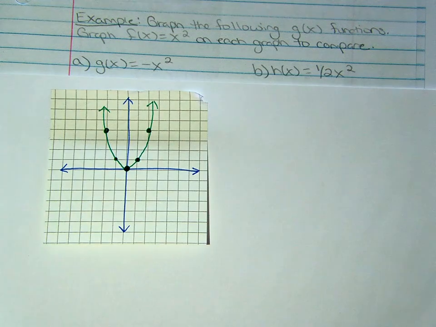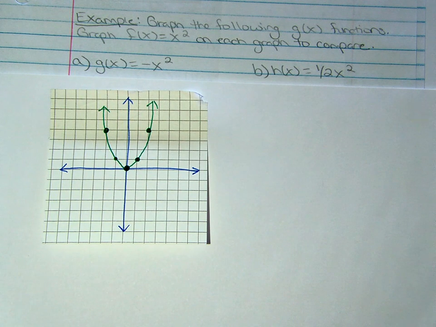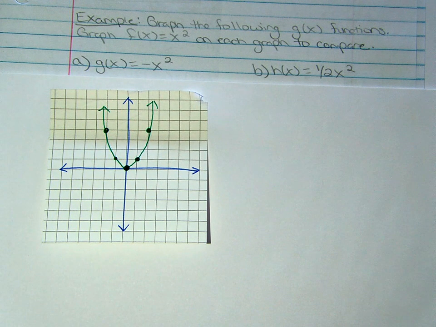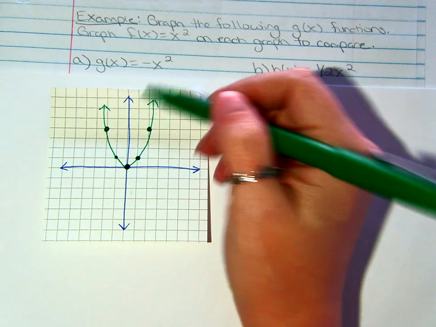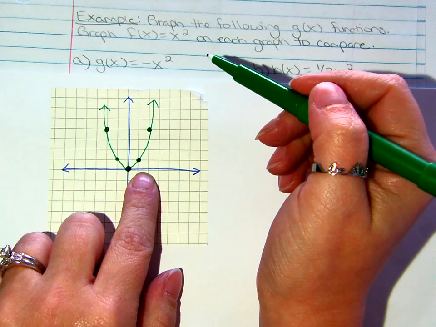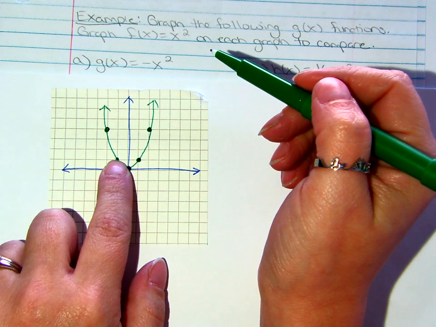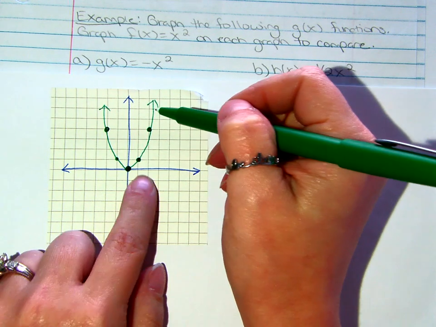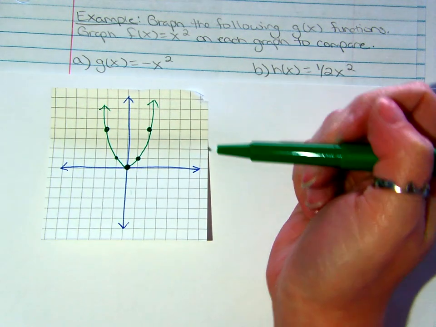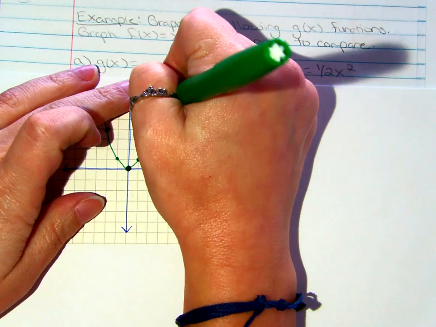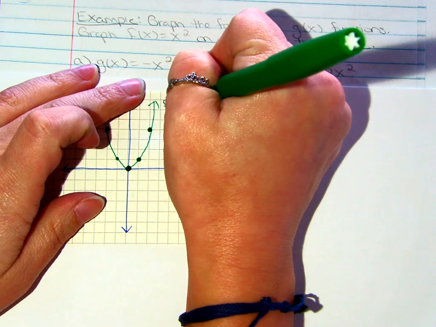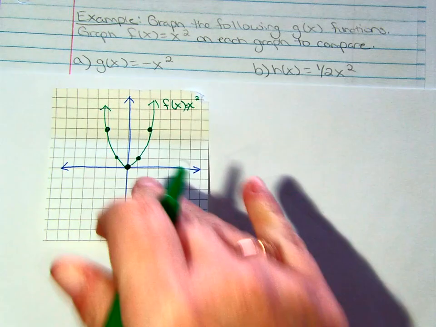I was able to fill in the left side of my graph without doing any number crunching because I know that my parabolas are symmetric about my axis of symmetry. So if I move over 1 and up 1, I also move over 1, up 1 on the other side. If I move over 2, up 4, I move over 2, up 4. I can fold the left side right on top of my right side. That's how I'm able to come up with that. And then I'm going to label it just so that I don't forget that this is my starting point, this is my mother function.